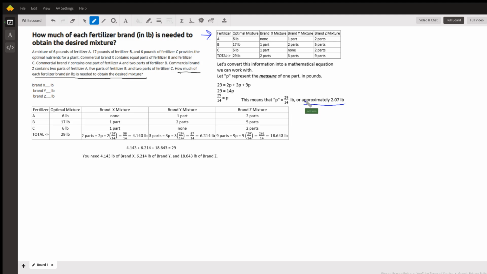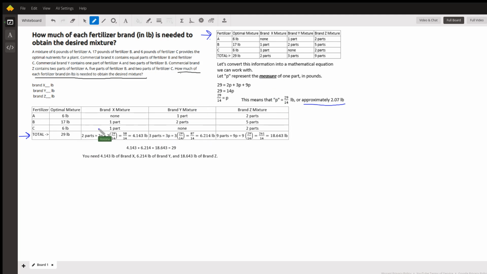Now that we've figured that out, I'm going to remake this table down here. As you can see, I have another table with some new information, and the new information is that bottom totaled row. I've filled in some math here, and here is the explanation for that.